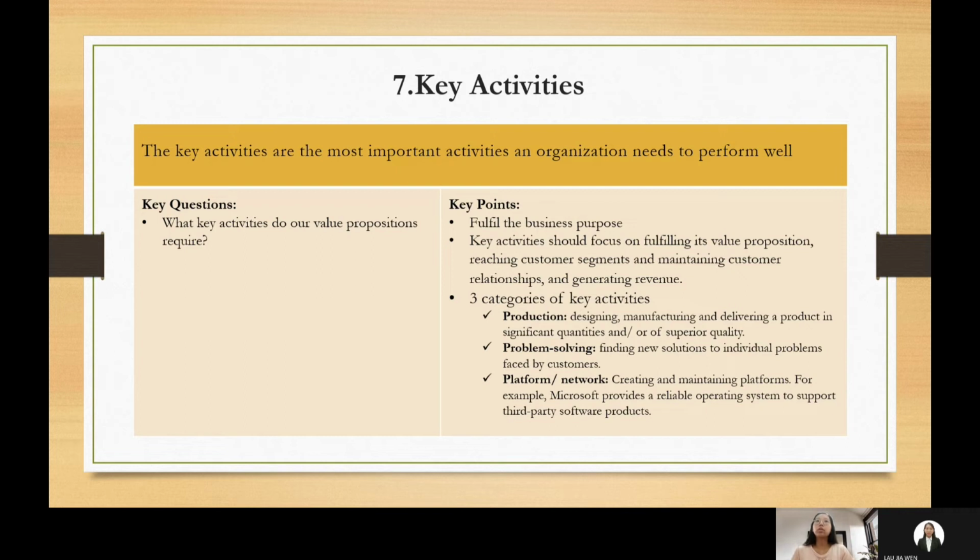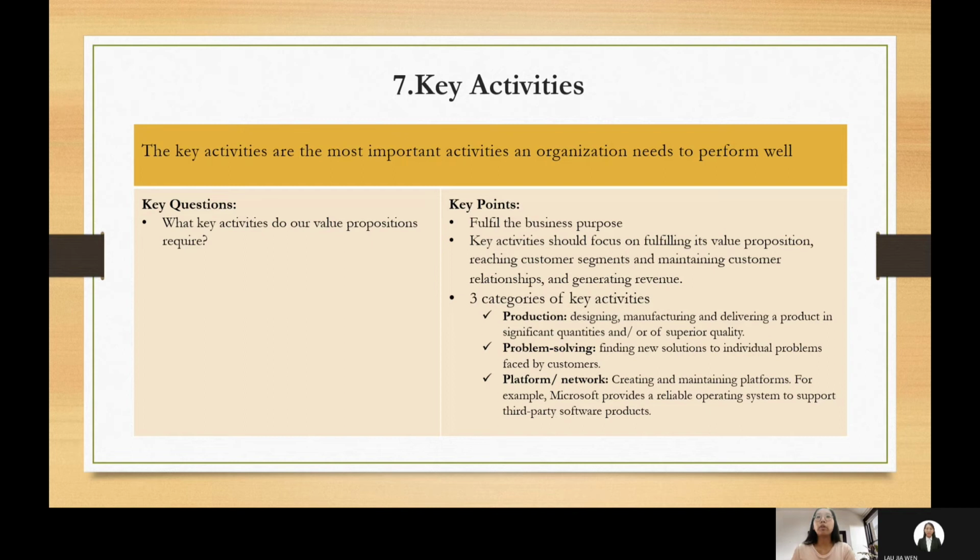There are three categories of key activities, such as production, which helps in designing, manufacturing, and delivering a product in significant quantity and superior quality. Secondly is problem solving, which helps to find new solutions to individual problems faced by the customer.